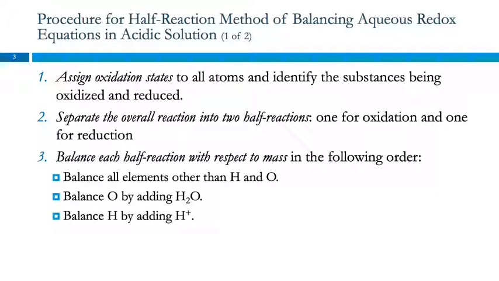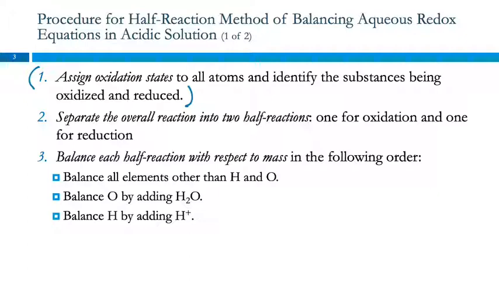The first step, actually, I think is optional: assigning oxidation states and identifying what's oxidized and reduced. Now, that might be necessary in a more complicated reaction, but in the ones I'm going to give you, it's not. So we can jump directly to separating the overall reaction into two half reactions.